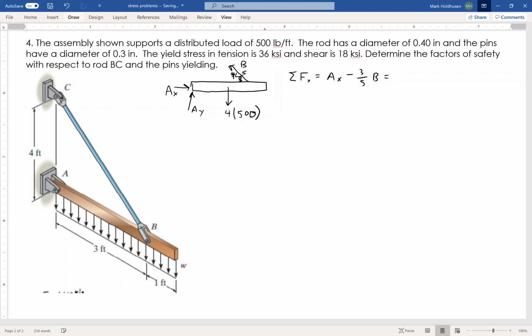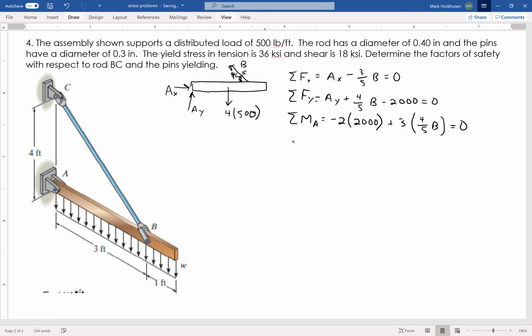Same thing in the Y direction. Very similar equation. Just have a 2,000 on there, which is going to be AY plus 4/5 B minus 2,000 equals 0. I'm going to go ahead and sum the moments about A. On this one, I'll have a negative 2 feet times 2,000 plus 3 feet times 4/5 B equals 0.